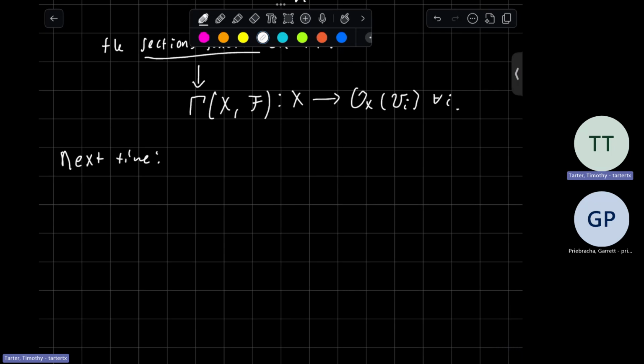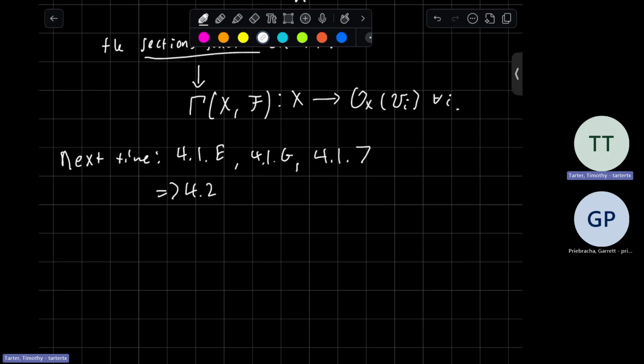Next time, tomorrow, we need to do 4.1.e, and we need to do 4.1.g, and then the definition 4.1.7. And then 4.2.